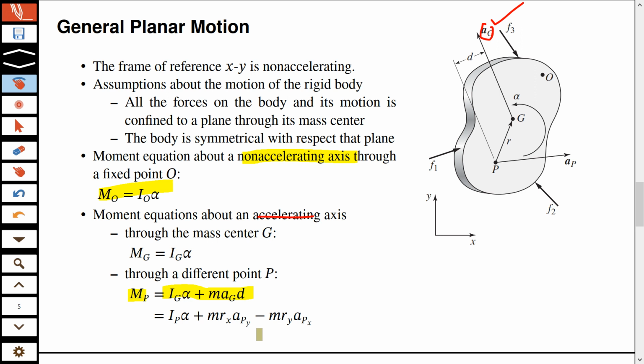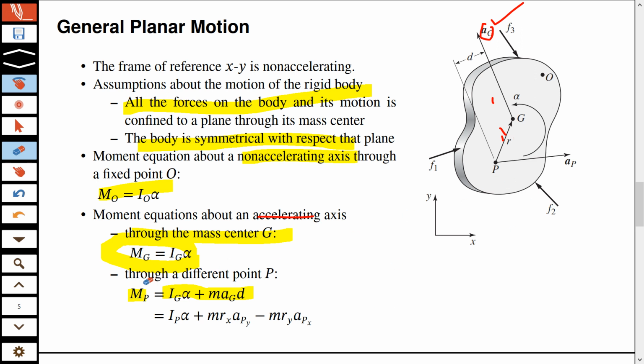Now, if you want to write your equation through the mass center, then you don't need anything. Through the mass center will not include any linear acceleration because of the symmetry. Because you assume the body to be symmetrical, any expression of linear accelerations around this G will cancel out and you will not see them in the final equation.